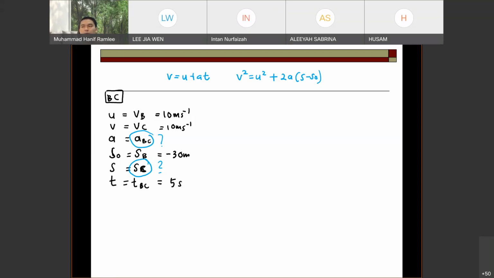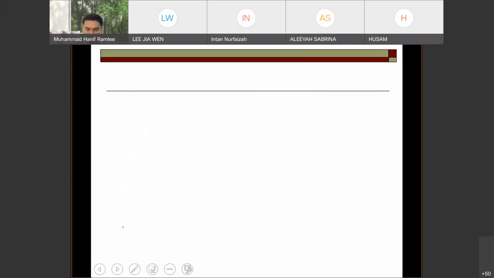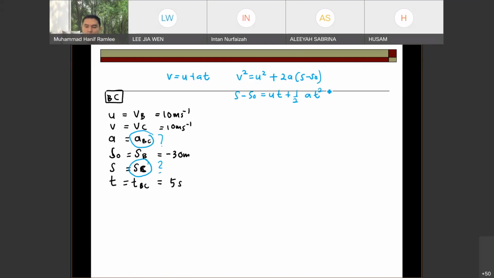Using these two formulae, or maybe another formula that I can show to you, you can choose either one. Please use the formula to calculate the answer.